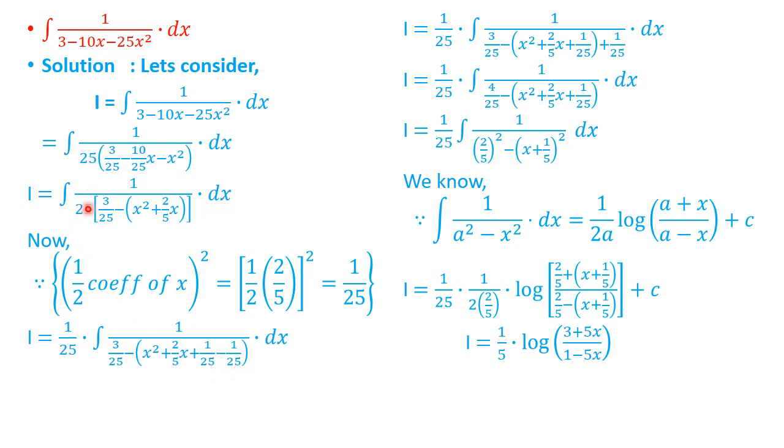And this 1 by 25 is already there, isn't it? Therefore 1 by 25 is added, adjusted in this bracket to find a perfect or complete square, and there is already a negative sign outside this bracket.